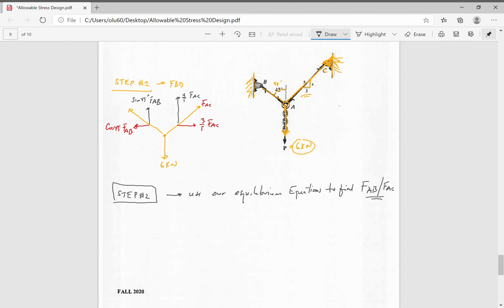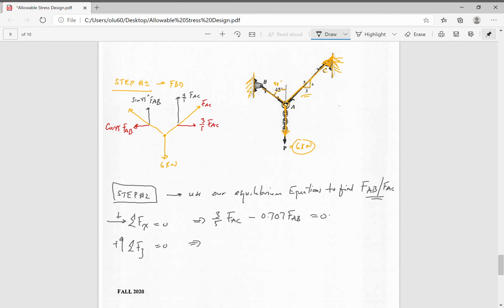So we can do the sum of the forces in the x direction equals 0, and you're going to get 3/5 FAC minus 0.707, the cosine of 45 degrees, FAB equals 0. Now the sum of the forces in the y direction equals 0.